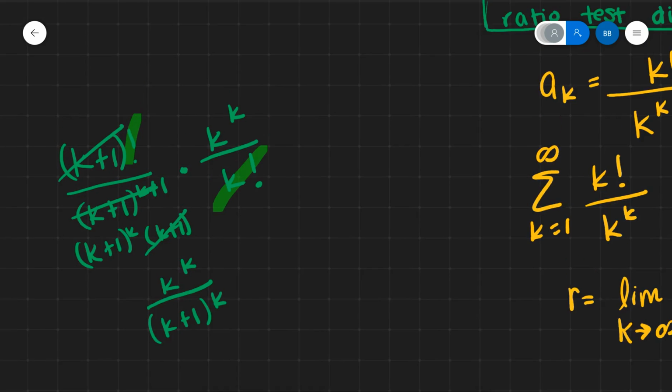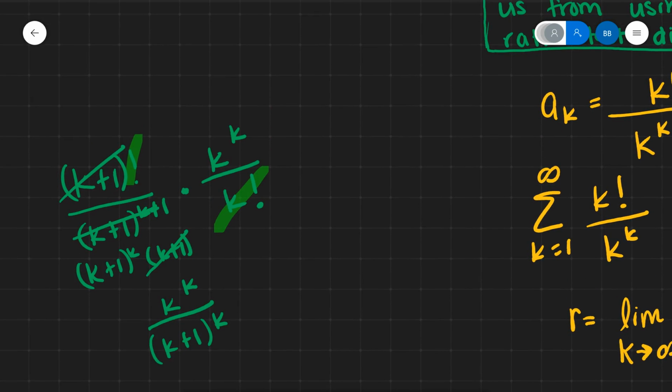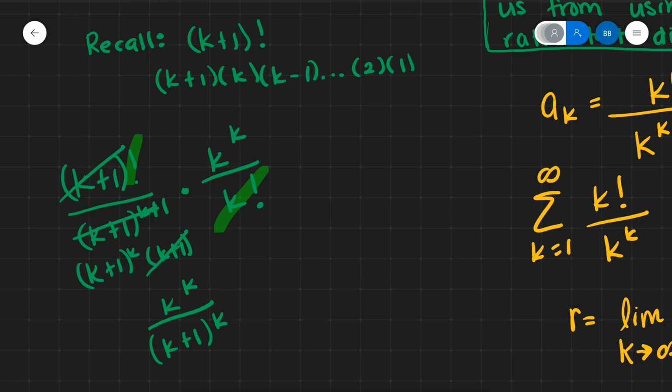And just because we went past this real quickly, let's recall what a factorial is. k plus 1 factorial is the same thing as k plus 1 times k times k minus 1, all the way down to 2, and then 1.